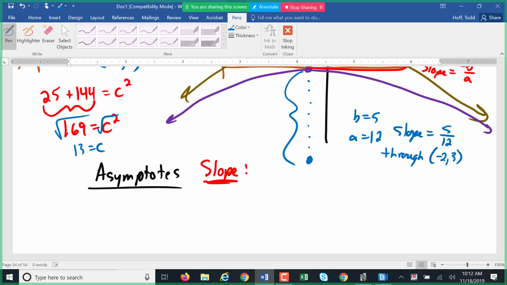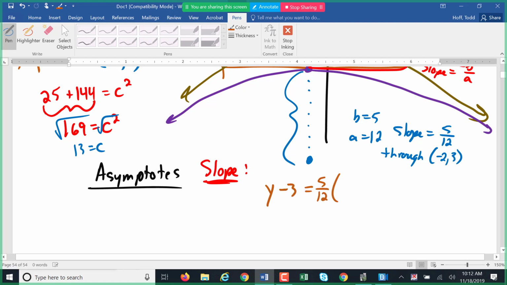The first equation: y − 3 equals 5/12 times (x + 2). That's our point-slope form of a linear equation for that line.